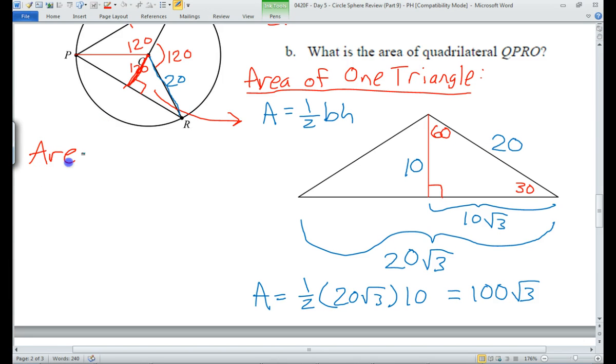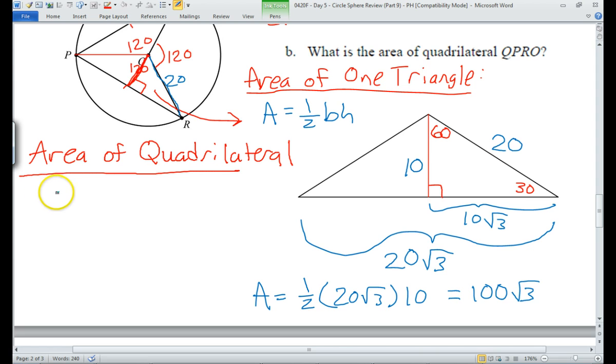So the area of the quadrilateral is going to be double the area of one triangle.